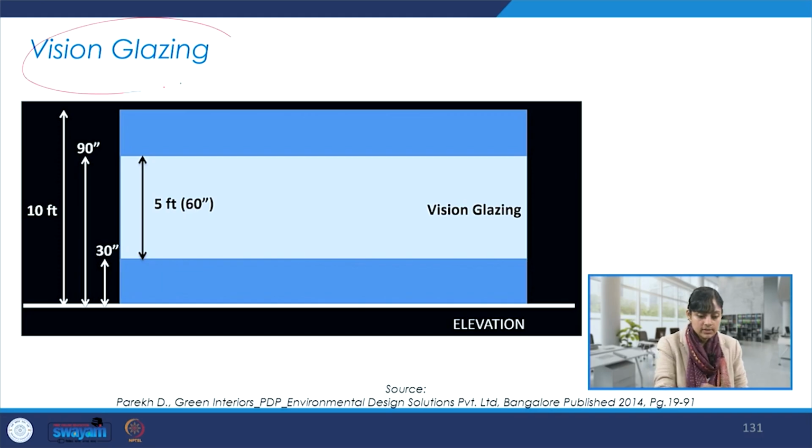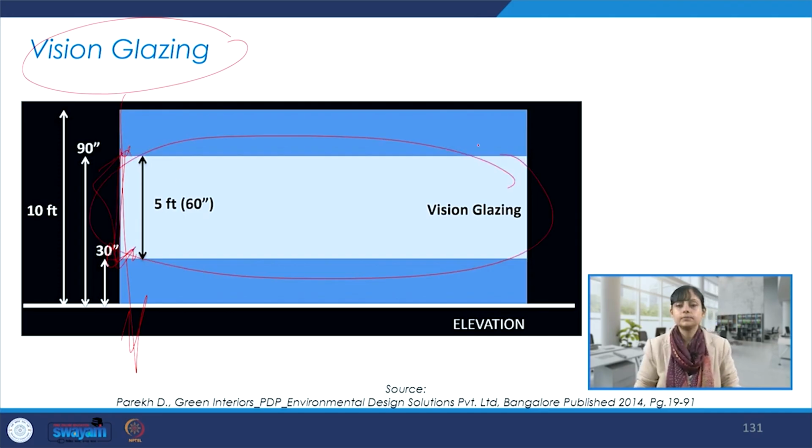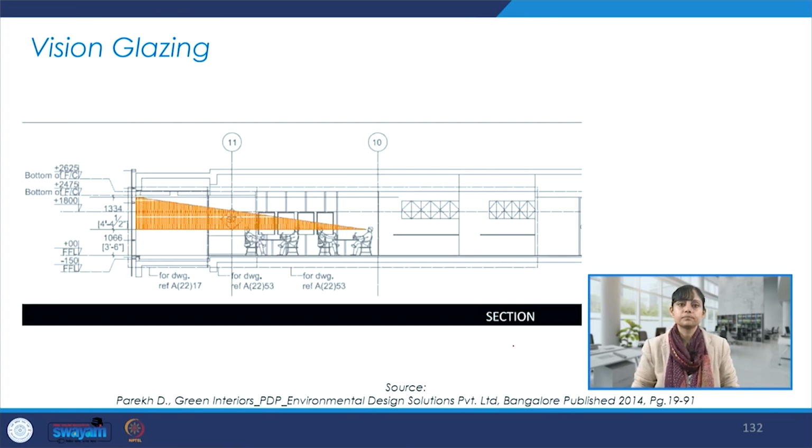So this is vision glazing, and here if we look at this dimension where we have the effective window or opening installed, and this is the section which is vision glazing, and we are seeing this in elevation, and this is in the section. So sitting from here, I'm getting these kinds of views from the vision glazing.